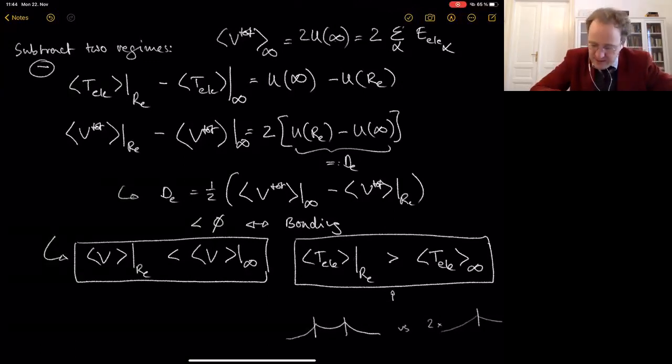Okay. So the left one has more curvature, and hence its kinetic energy is larger. Conversely, as your electrons start bonding to the other atom, you get more potential energy, and that's also why intuitively you would expect the potential energy to be lower, right? So this is a rigorous derivation of what you would intuitively also expect here.